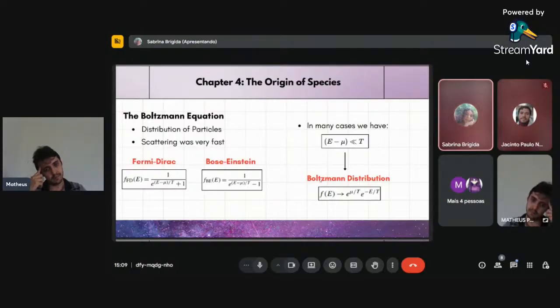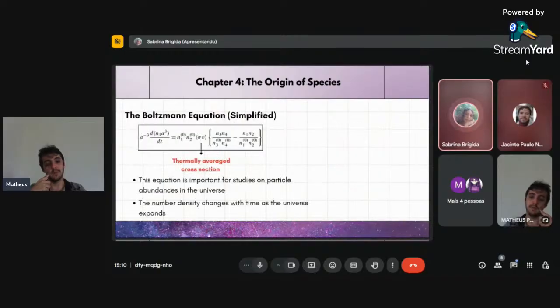This is important because the Boltzmann equation will be simplified in this case. This is the simplified Boltzmann equation, and here we have an ordinary differential equation for the number density of each type of particle we are considering.